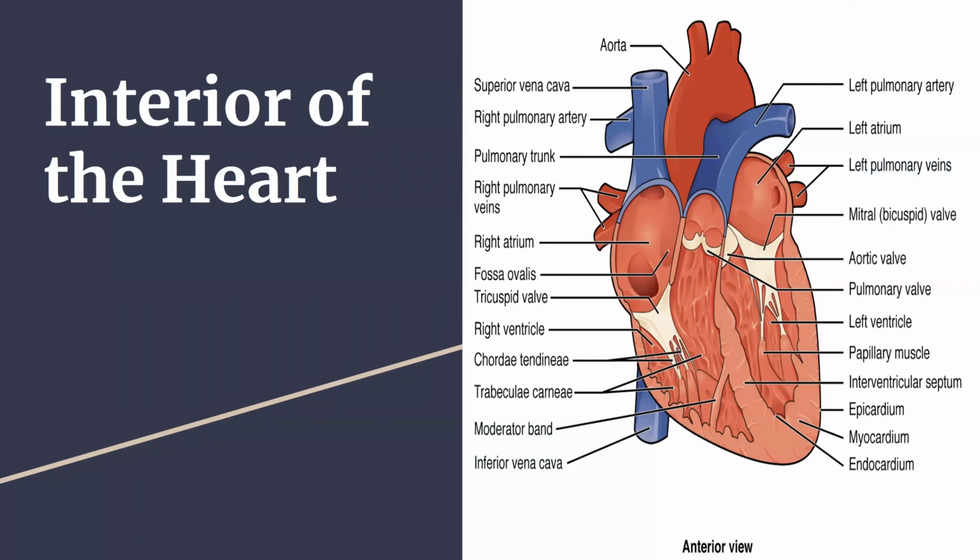You have the pulmonary artery, the left pulmonary artery, the mitral valve, the aortic valve, the left ventricle and the right ventricle, the epicardium, the myocardium, the endocardium, and all of the other cavities that comprise the heart. And this is just an anterior view of the heart.